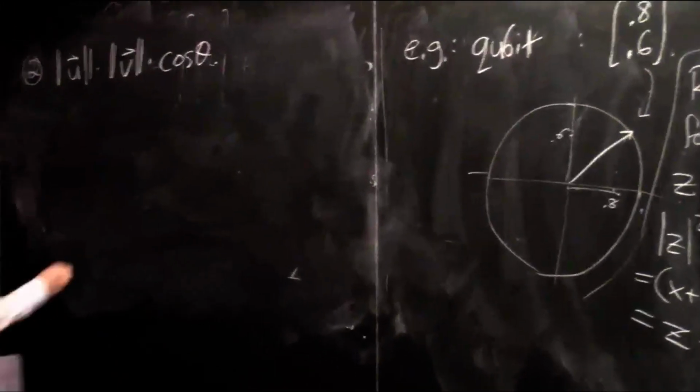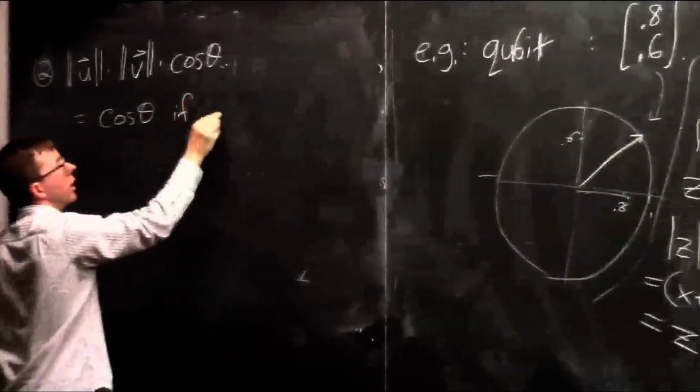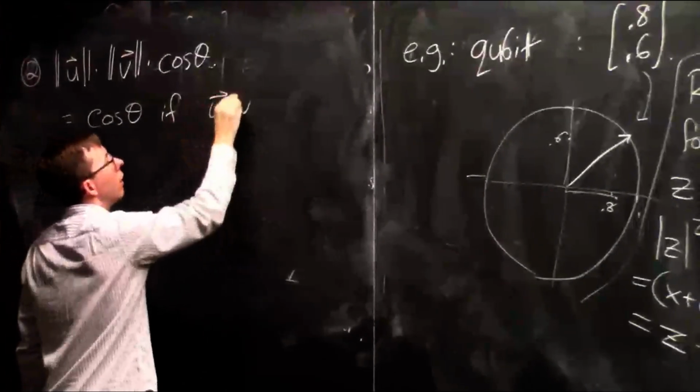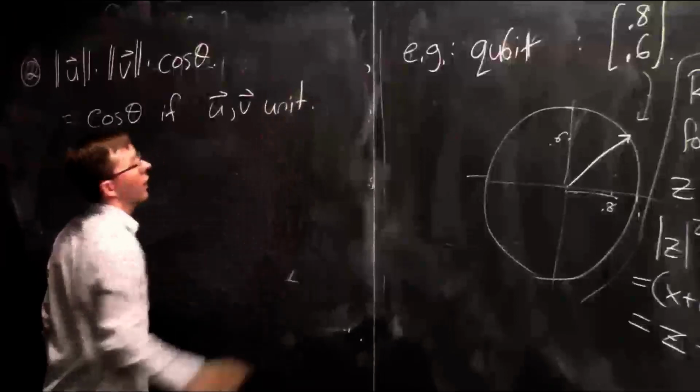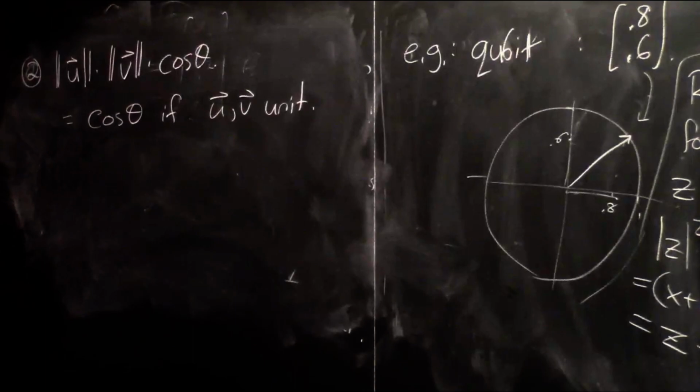And by the way, this is just the cosine if u and v are unit vectors, which they often will be. So when you have two unit vectors, their inner product is the cosine of the angle between them. That's going to be important for us.